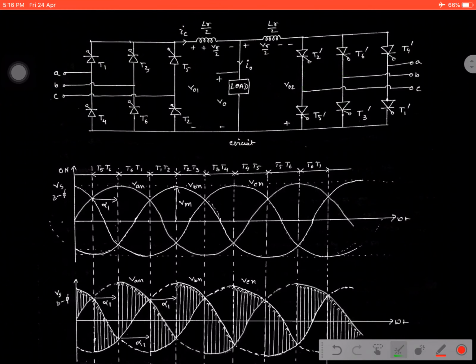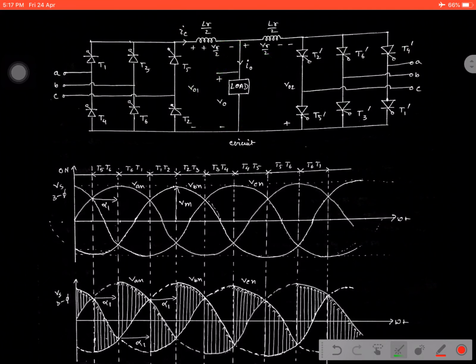This is called the circulating mode of operation. No voltage appears across the load, but due to the instantaneous voltage difference, a current flows through the circuit between the two converters, which is called circulating current.